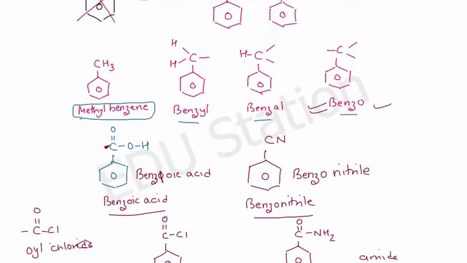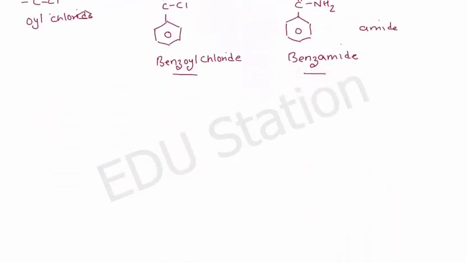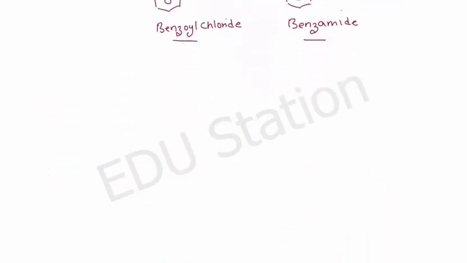Likewise, if this carbon has one hydrogen attached to it, we call it benzyl. This is only used if you have, say, an aldehyde, so one hydrogen is attached to carbon.